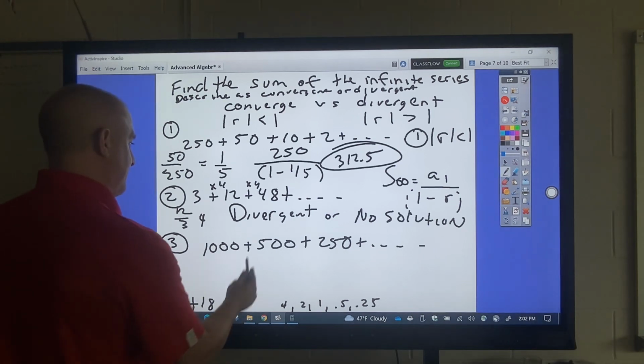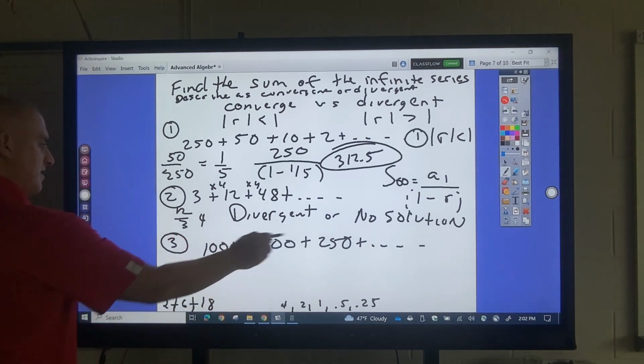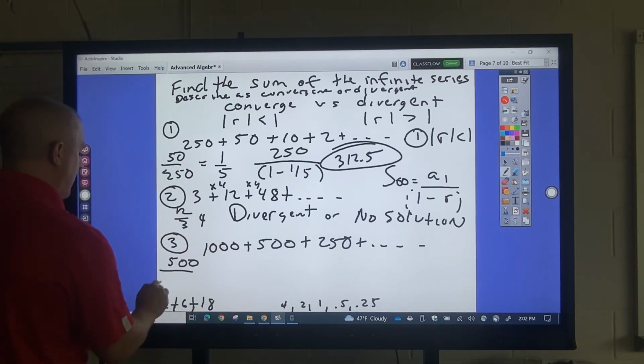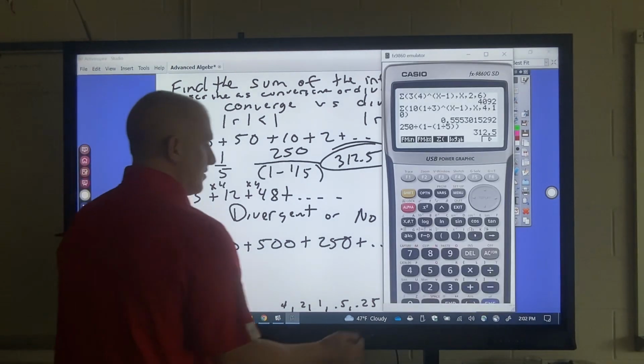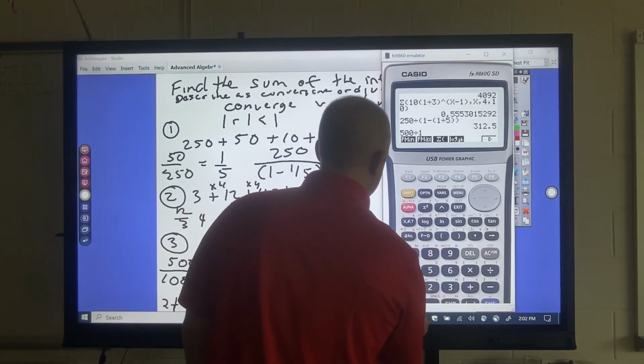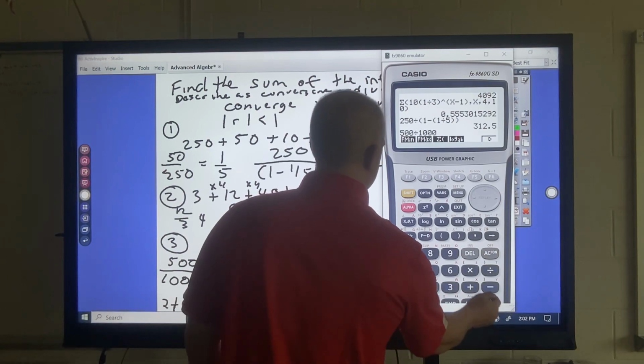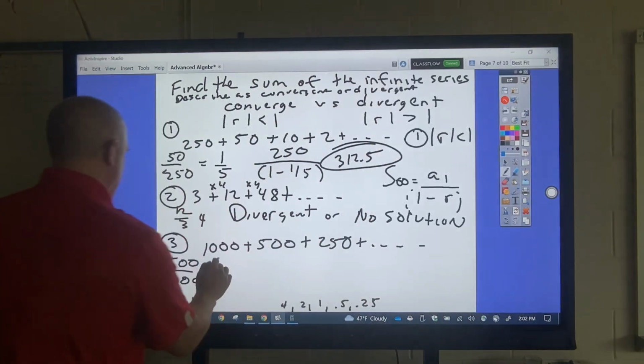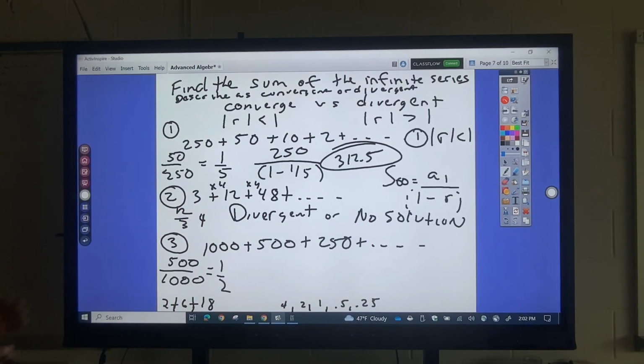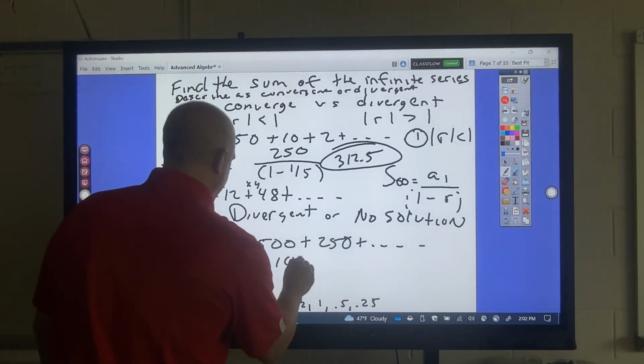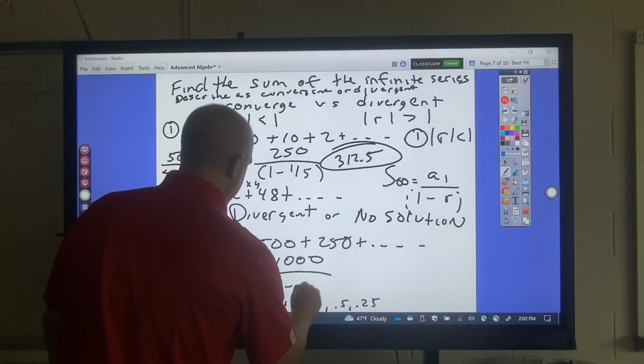Now this one, obviously there's a gap there. That's 500 divided by 1,000, which is 1/2. That means I can do that because that's less than 1. So I have 1,000 divided by 1 minus 1/2.